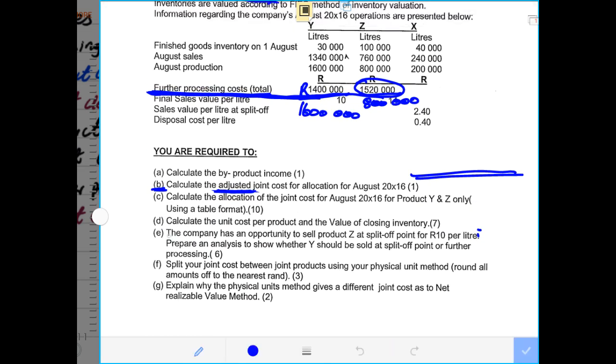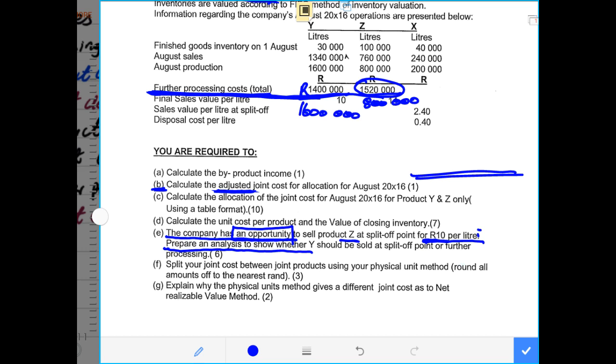Requirement number E requires us that the company has an opportunity, take note, to sell product Z at split off for 10 rand. So if they were to sell product Z without further processing, it will be sold at 10 rand per liter. And they say prepare an analysis to show whether Y should be sold at split off or further processed.